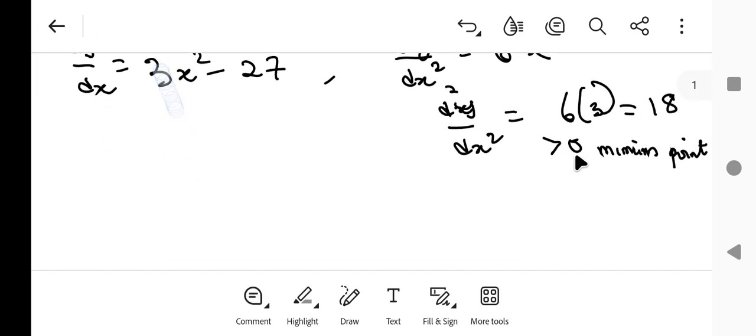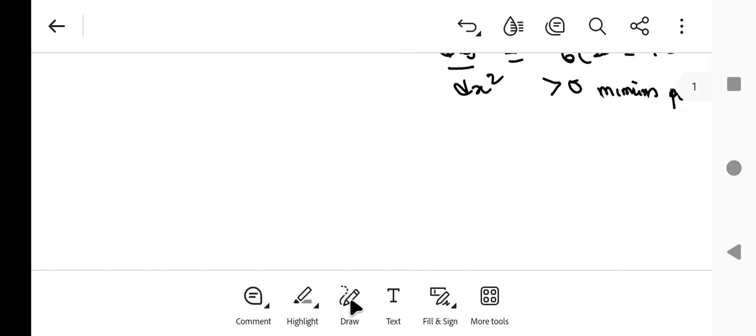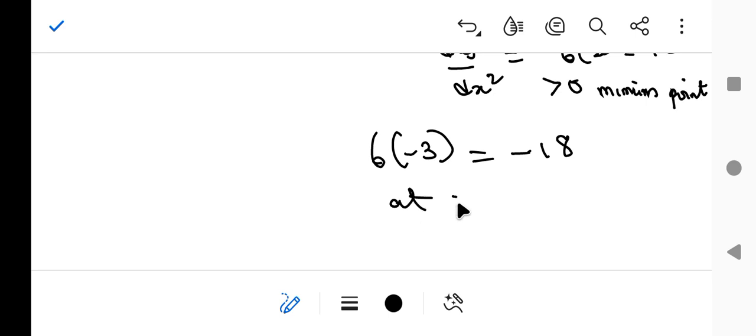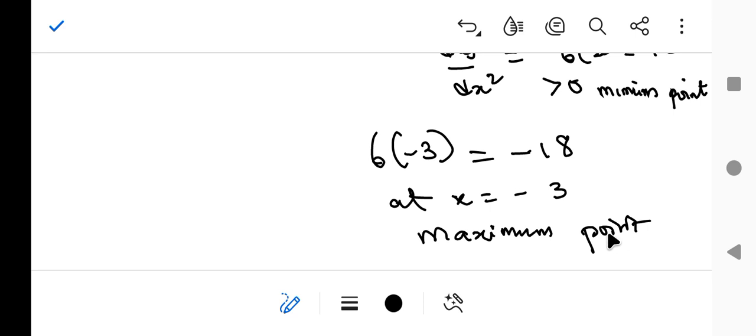Now subsequently we do that for the second point. For the second point we have 6 into minus 3, and this is going to give us minus 18. So at x is equal to minus 3, we have the maximum point, right?